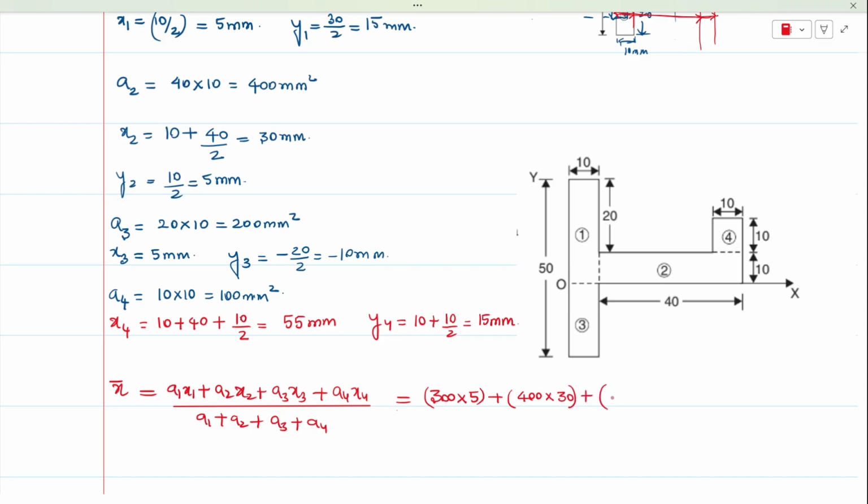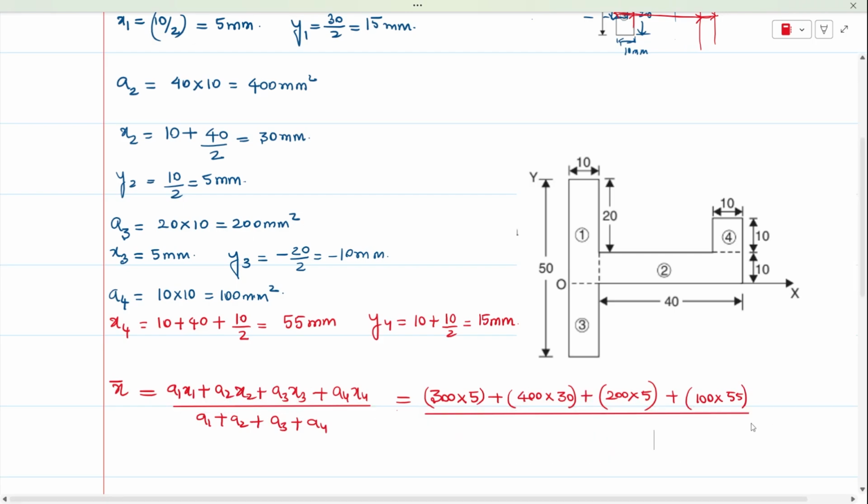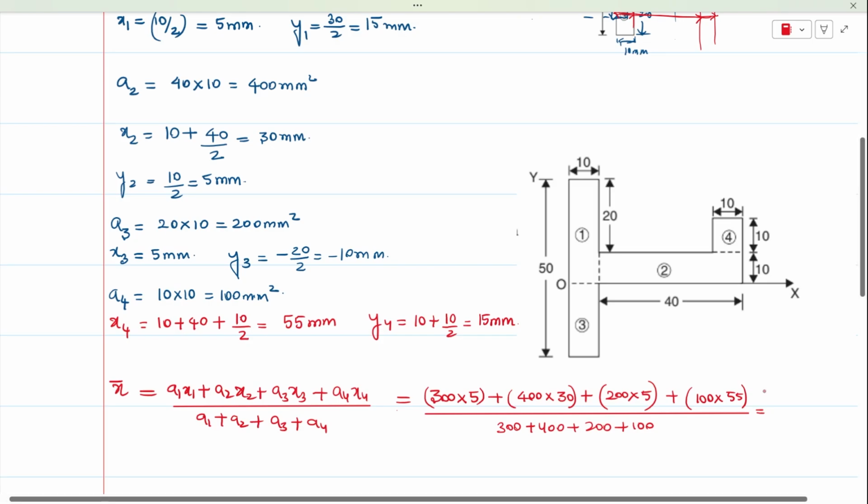Next a3 is 200 and x3 is 5. a4 is 100 and x4 is 55, whole divided by 300 plus 400 plus 200 plus 100. Upon solving, we get the answer as 19 mm.